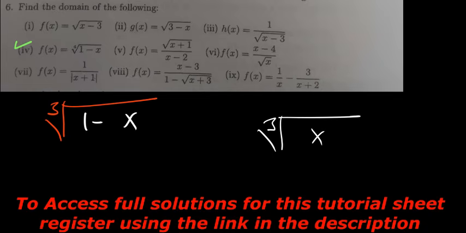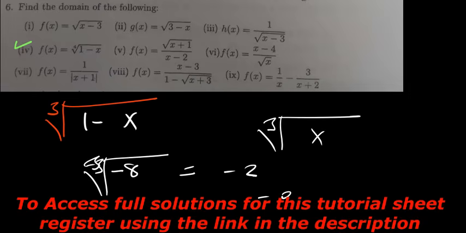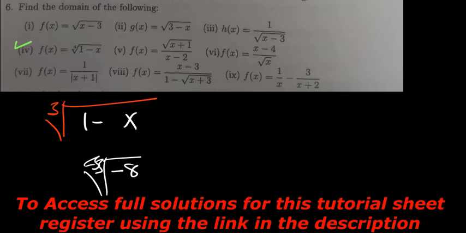For example, the cube root of negative 8 is negative 2, because negative 2 times negative 2 times negative 2 gives me negative 8. That is what I have there. So this is the fourth root. We have a square root, cube root, and fourth root.